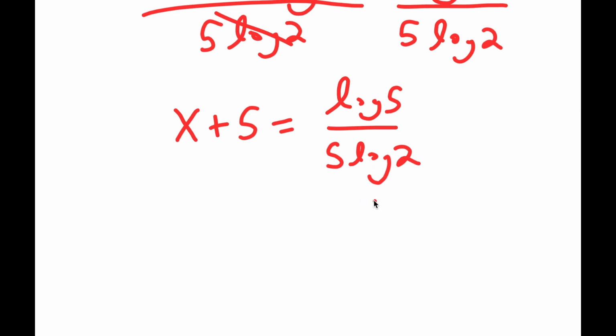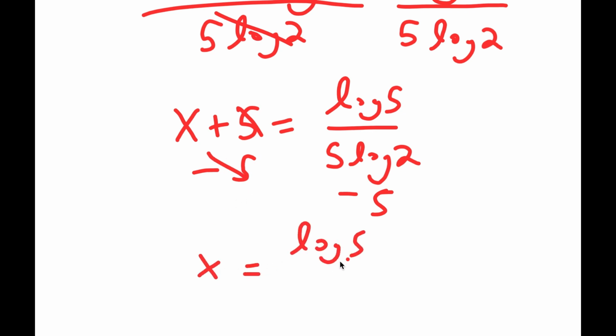And now, if I subtract 5 on both sides, I get x is equal to log 5 over 5 log 2 minus 5.